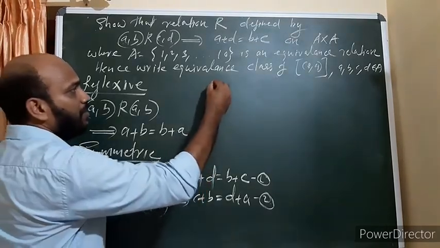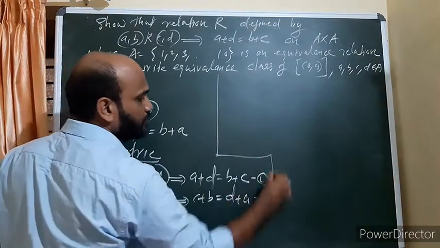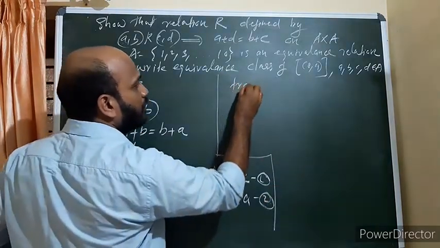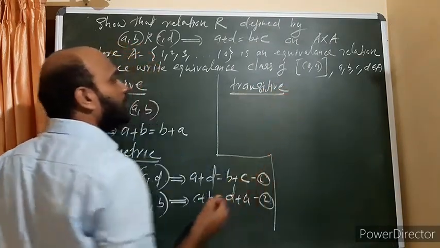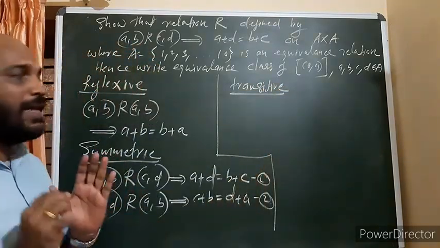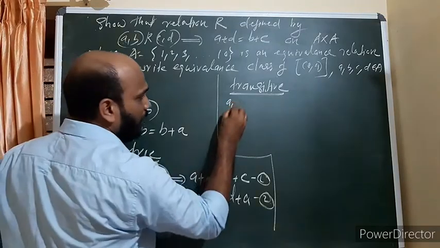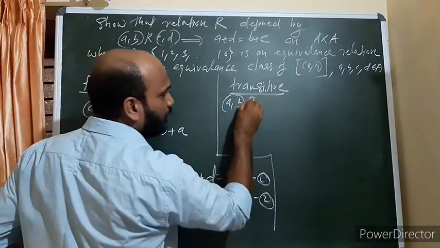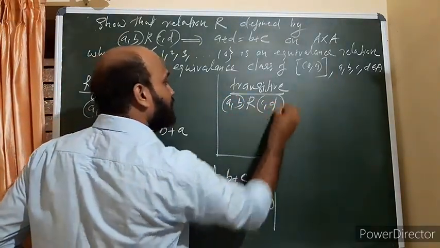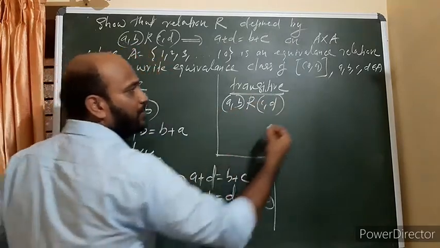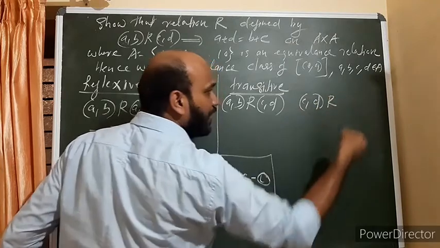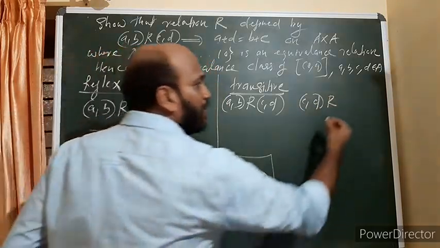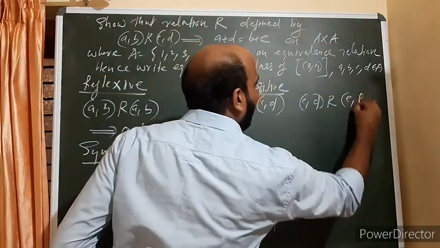The third one is transitive. Transitive means you have to take three elements. If (a, b) is related to (c, d), first element related to second, and second element related to third, the third element we can take as (e, f).